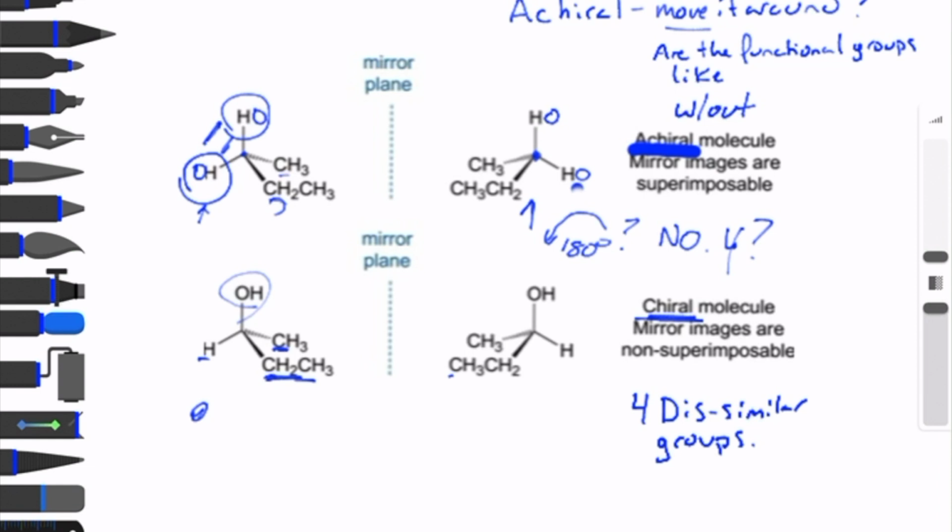We have to think about all of our groups here. And so, yeah, we can keep the hydrogen and the alcohol in the neutral plane and worry about our carbons. But let's take a look at what happens when we try to move it.